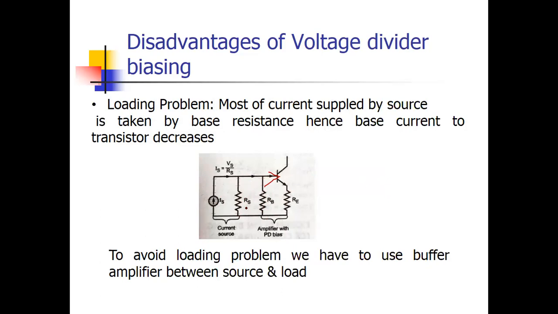Whatever current we apply is taken by this resistance. If the resistance takes much current, then very little current flows in the transistor, and this affects your loading effect. But that loading effect can be removed if you use a buffer amplifier between the source and the load.